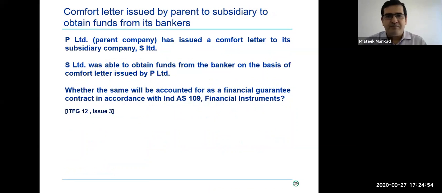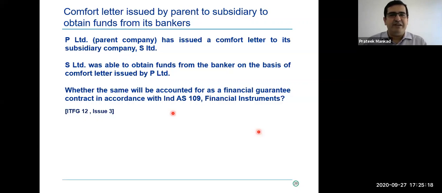Now we'll move to some more examples which are really seen commonly on a day-to-day basis. Comfort letters issued by parent to subsidiary to obtain funds from its bankers. So parent company P has issued a comfort letter to its subsidiary company S Limited.